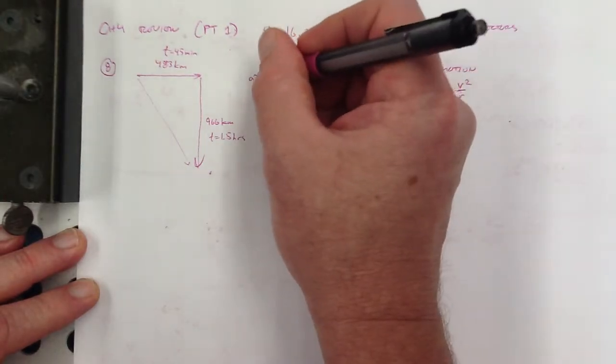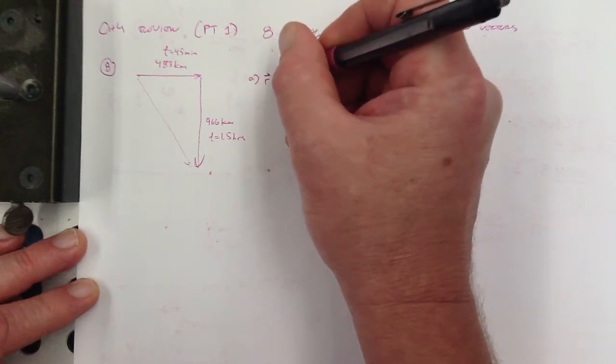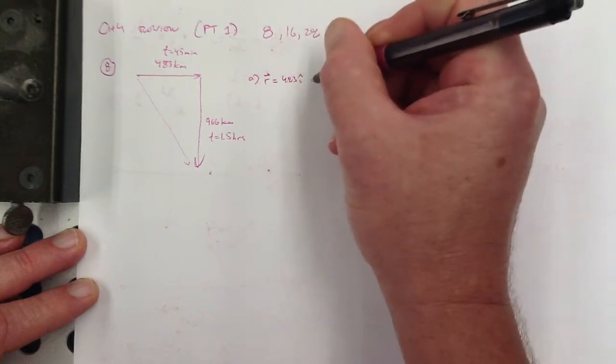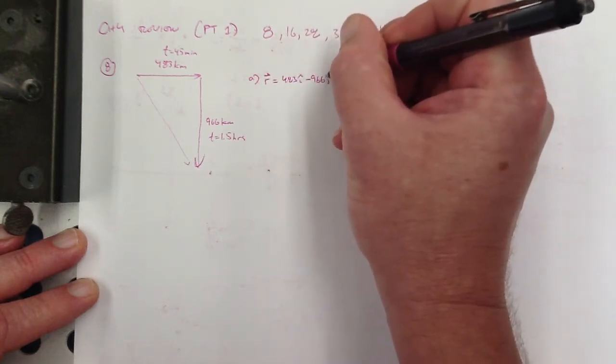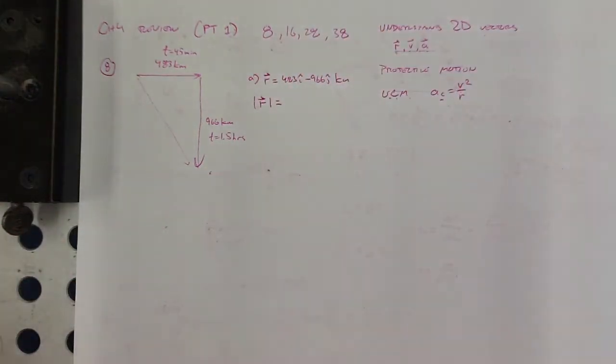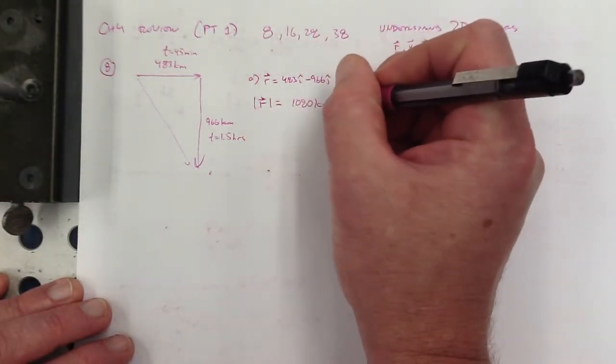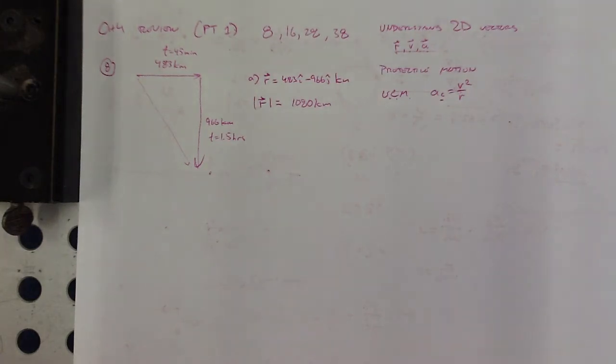If we thought about this as i and j, say, that displacement vector is just 483i minus 966j kilometers, and the magnitude of it is the Pythagorization, that's the noun form of that, the Pythagorization of 483 and 966. That's about 1,080 kilometers.